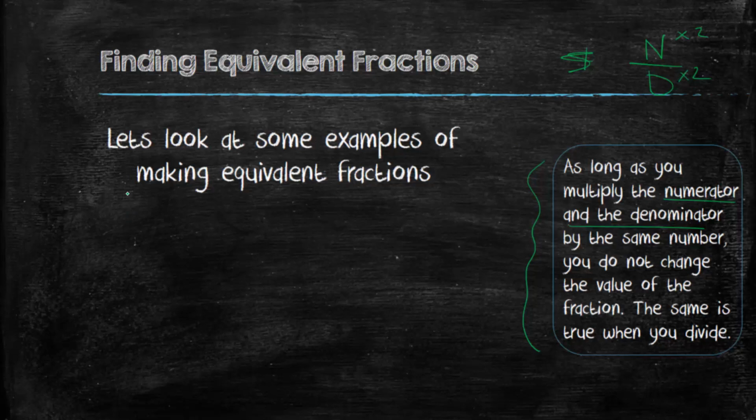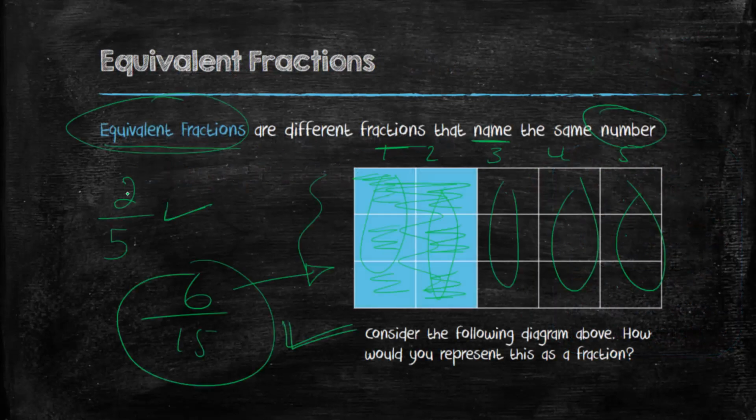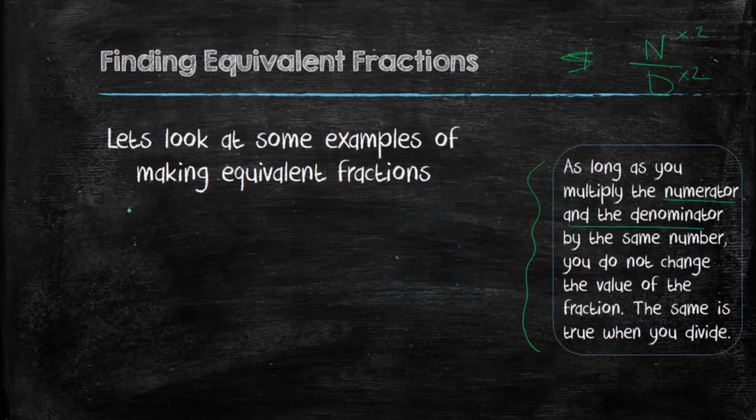So in our previous case, we had the 2 over 5. So 2 over 5 can be multiplied by 3. And to multiply both numerator and denominator by 3, we would get 6 out of 15. Same thing, we could also make an equivalent fraction if we were to multiply by 4.